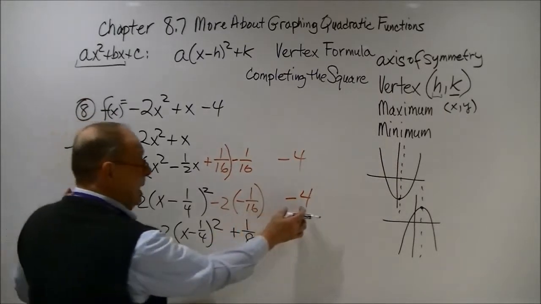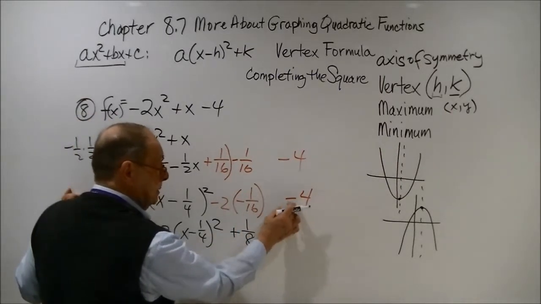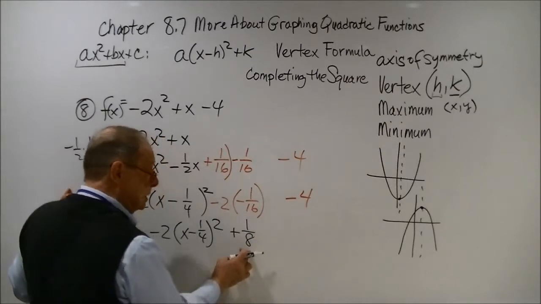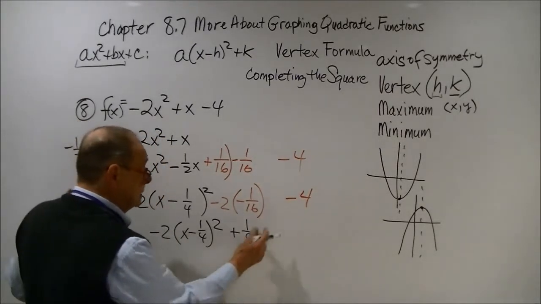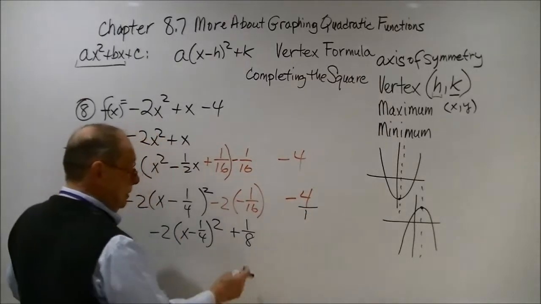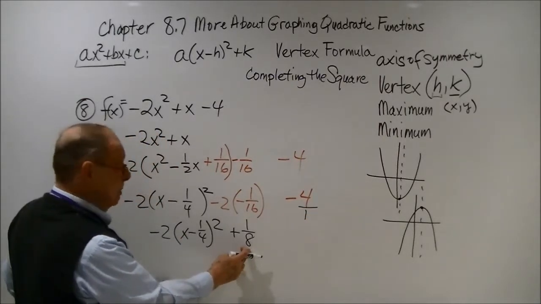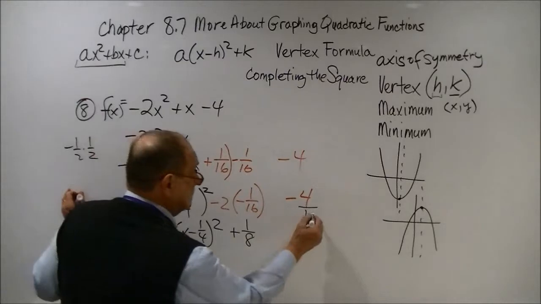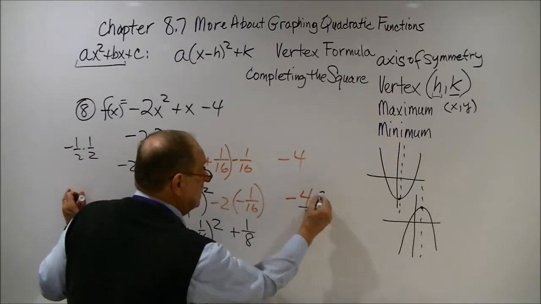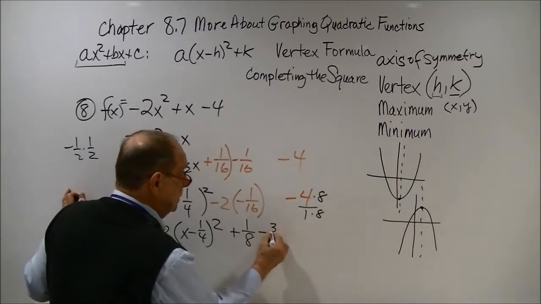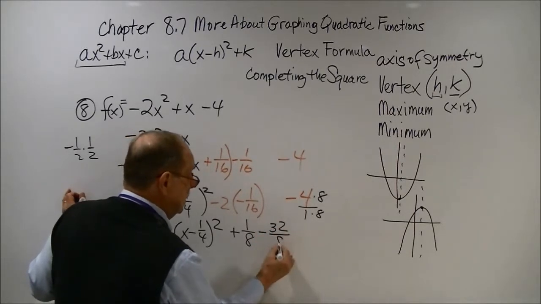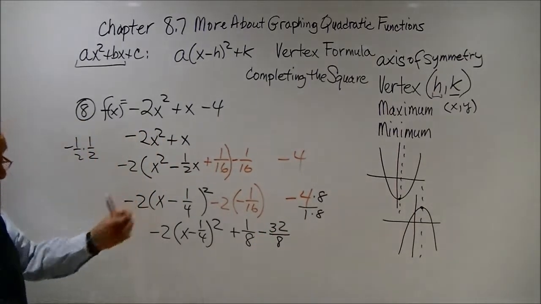But now I have to add this negative 4 to this. And like we did before, I can't add something with the denominator of 1 to something with the denominator of 8. So I have to multiply this by 8, and this is going to give me a negative 32/8. Now I can add it.